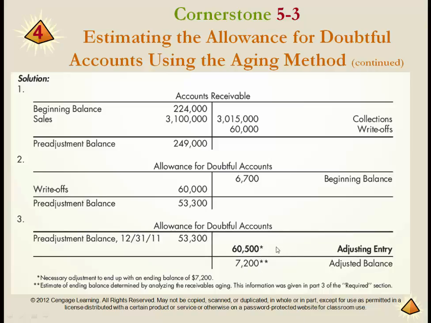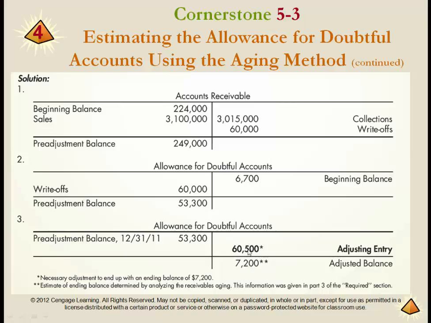The calculation says that we should have 60,500 in there. Our goal is to have a balance of 7,200. So we need to make an adjustment to get to the 7,200 because the 7,200 is the calculation based off of the aged balance, and you can take a look at that in the requirement section.